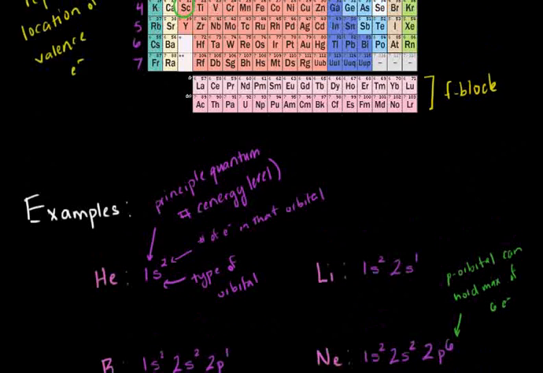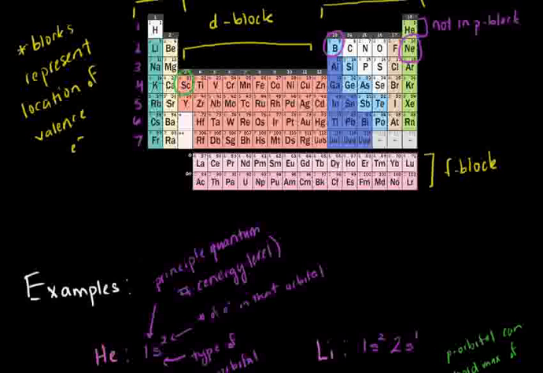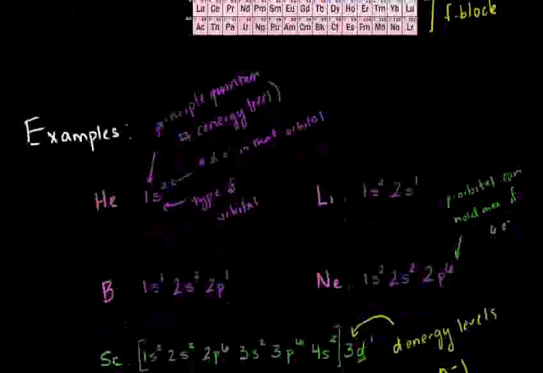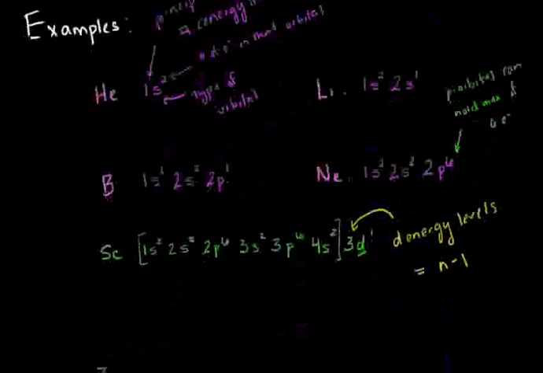So we take the period we're working with, in this case period 4, and the first d orbital we're going to work with is not going to be the 4d orbital, it's going to be the 3d orbital. Similarly, at period 5, valence electrons for these transition metals right here are going to hang out not in the 5d orbital, but the 4d orbital. So d is always n minus 1.